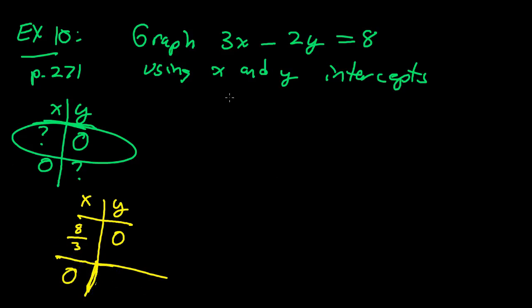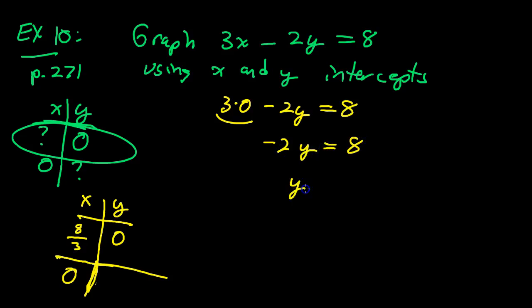So I'll plug in x equals 0, leave y alone, and solve for y. Well, of course, 3 times 0 reduces to 0. I get minus 2y then equals 8. Dividing by -2, now I get y equals -4. So when x is 0, y is -4.